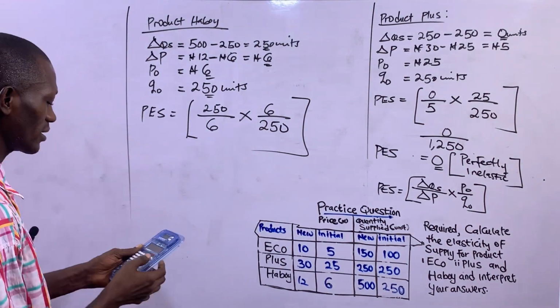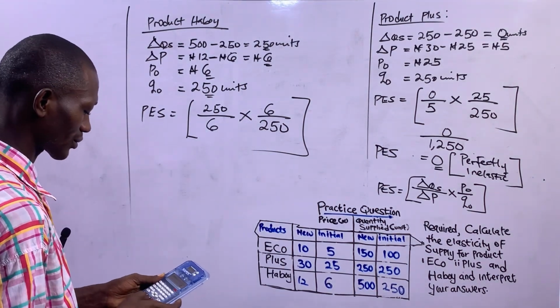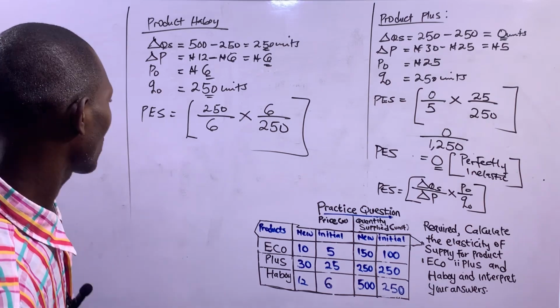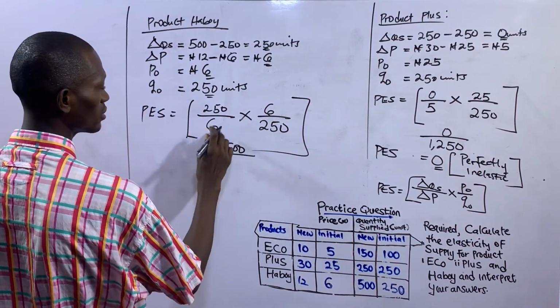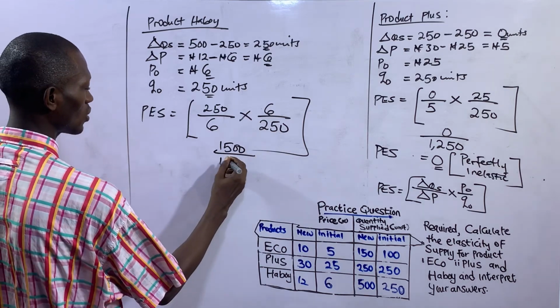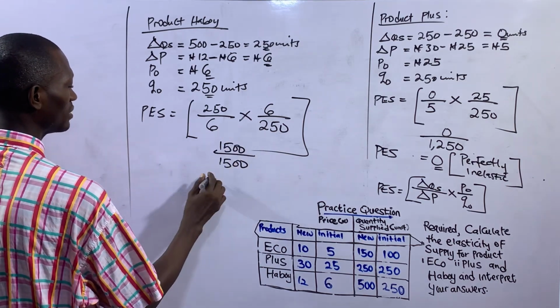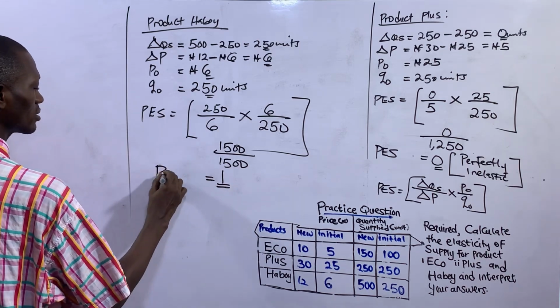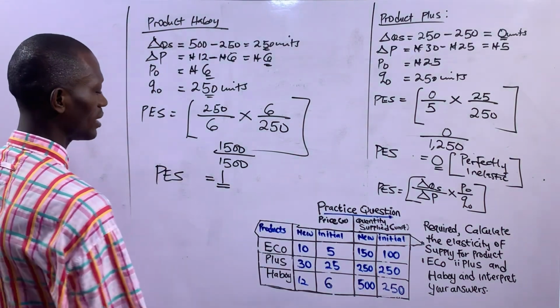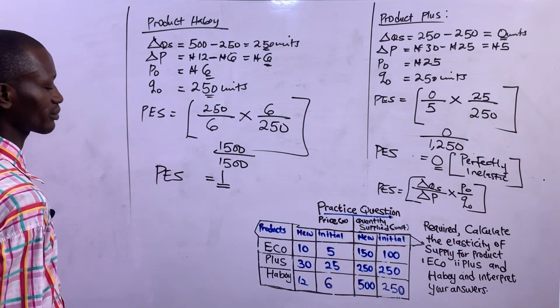So 250 times 6, that gives us 1,500. Then 6 times 250, the same. So 15 divided by 15, that gives us 1. So price elasticity of supply for product Aboy now is 1.